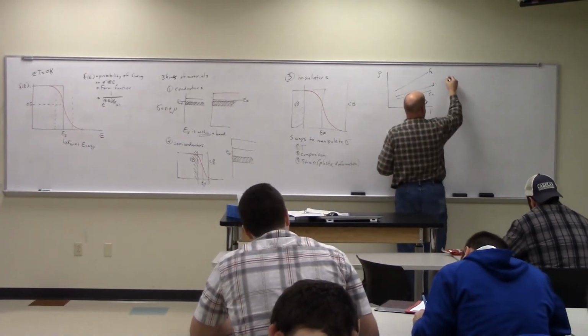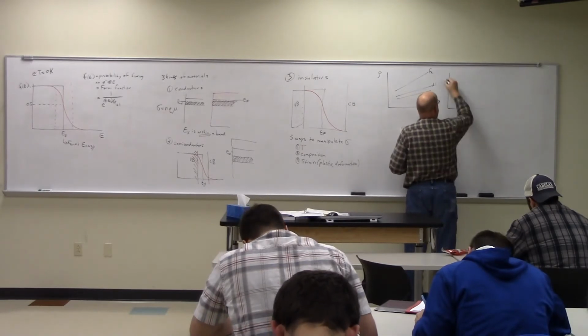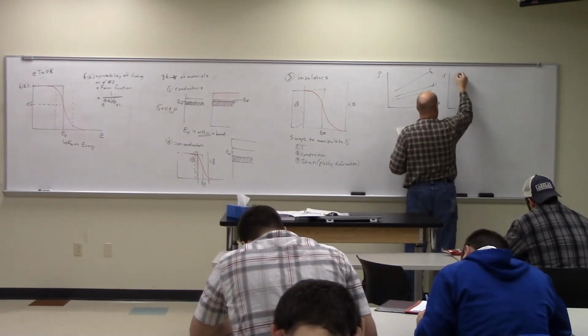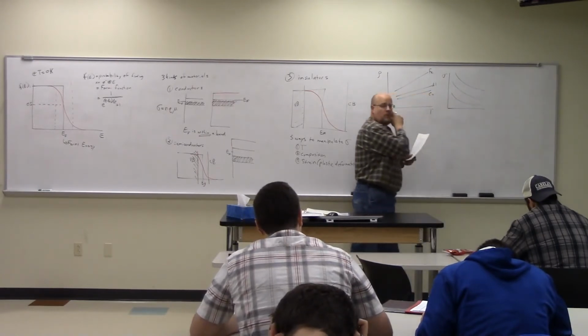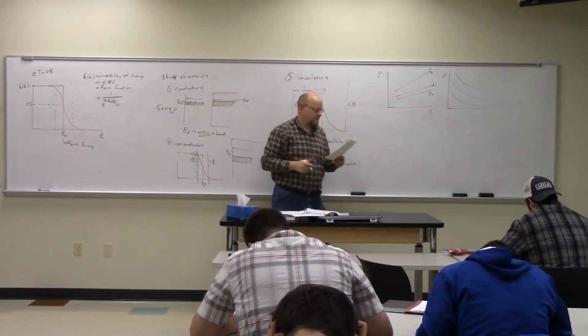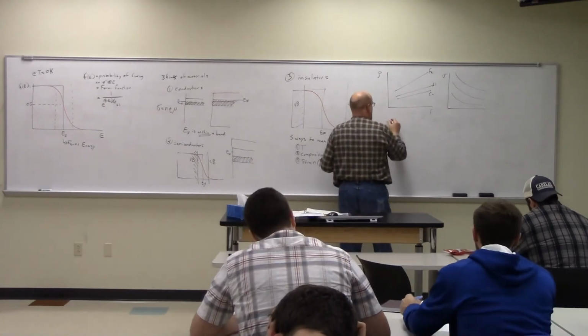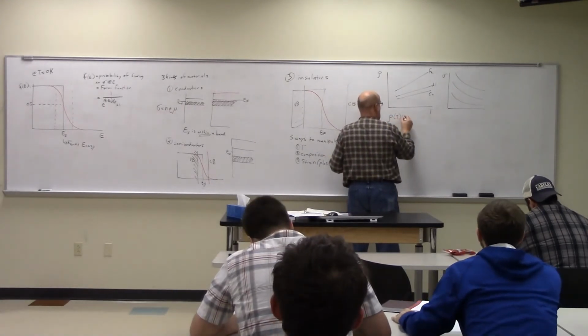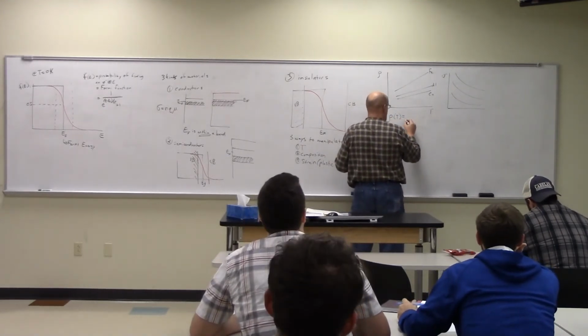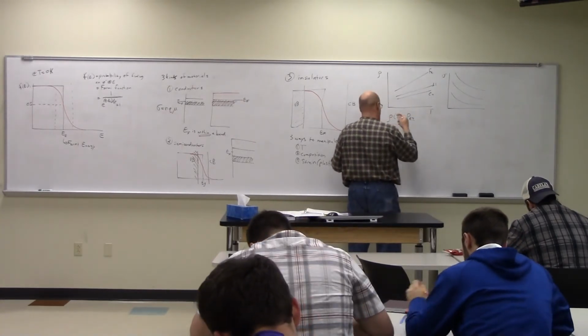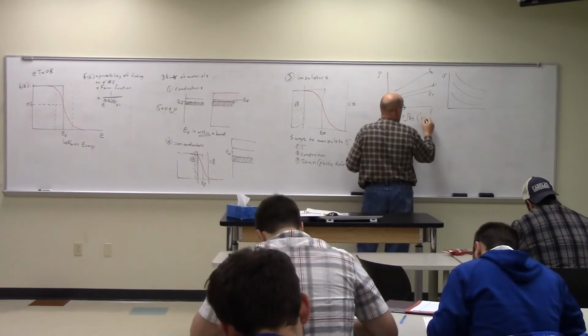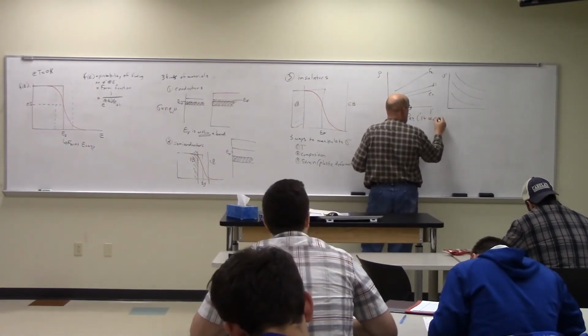If you plotted conductivity, they'd be curves like this. That's why we plot resistivity, because it's linear. And you find that resistivity as a function of temperature is equal to the room temperature baseline resistivity times 1 plus alpha delta T.